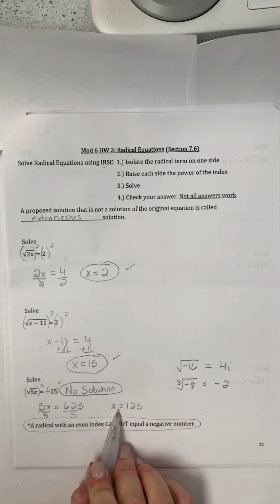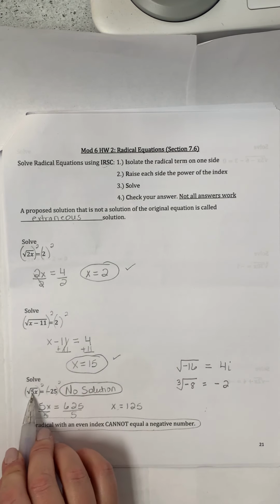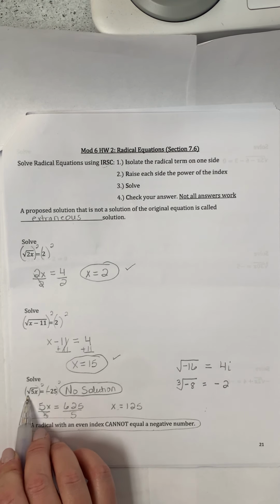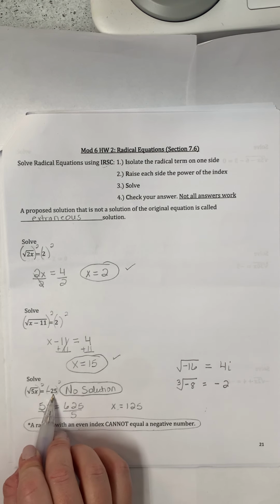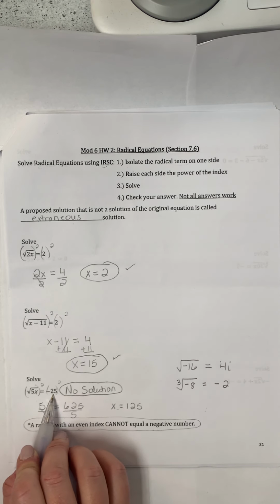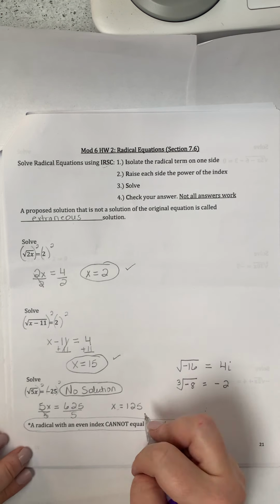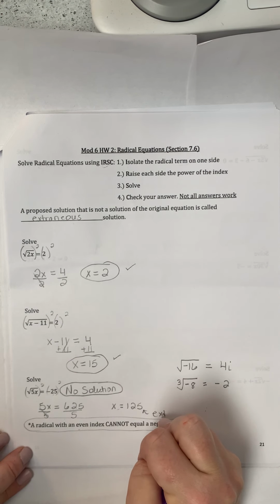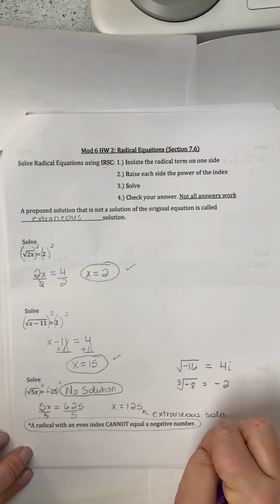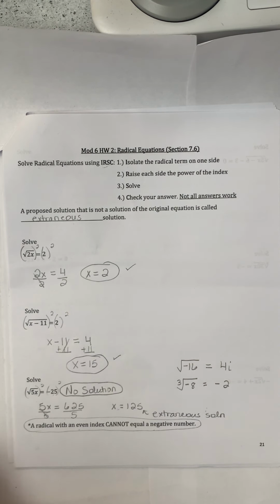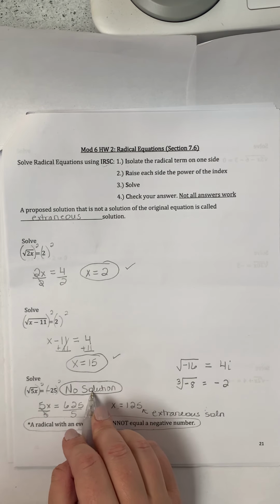Okay, now I go to check it. 5 times 125 is 625. If I take the square root of 625, it is not a negative number. So this is an extraneous solution. Your answer would be no solution. This is your answer, no solution.